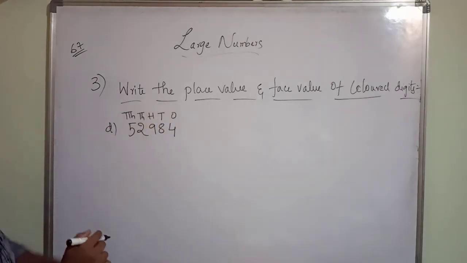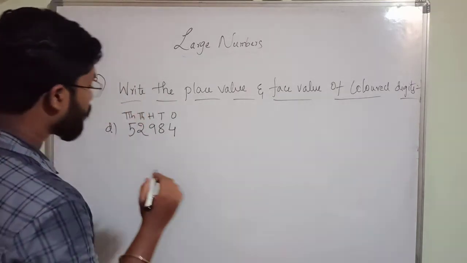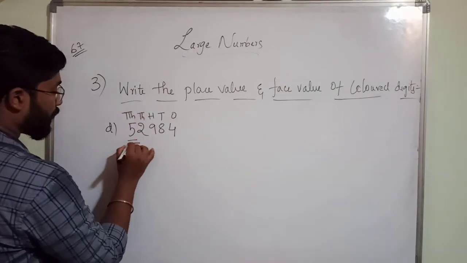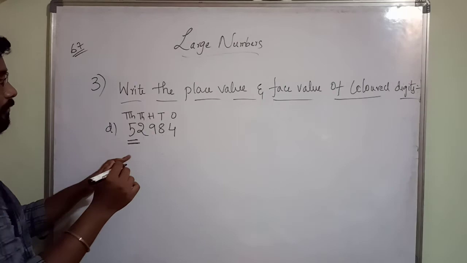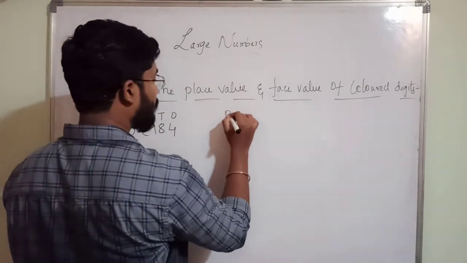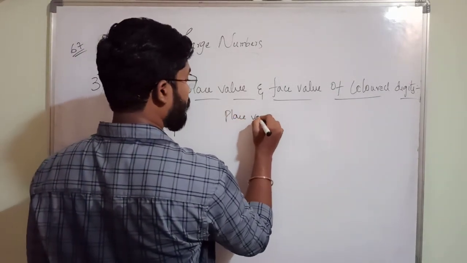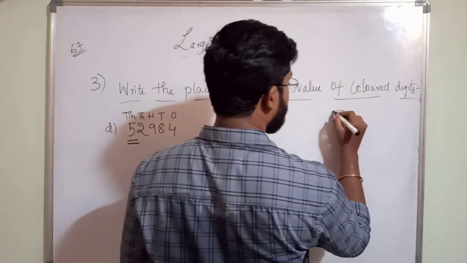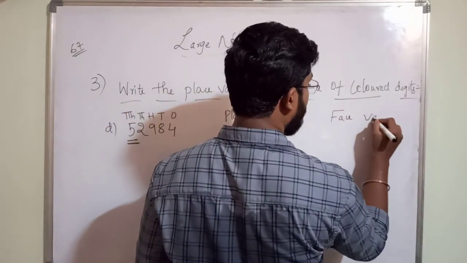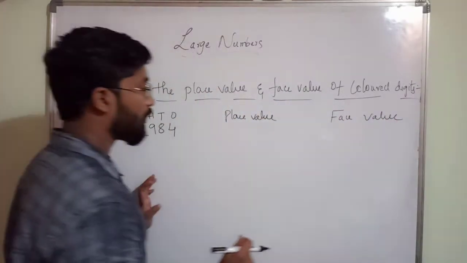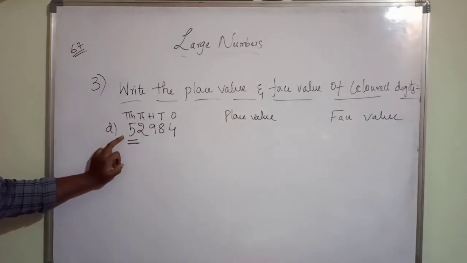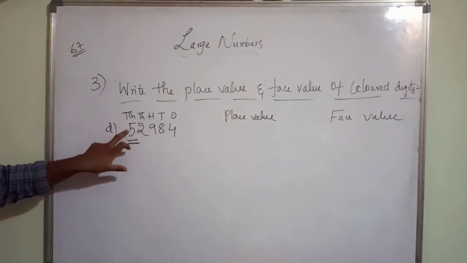These are the places. Now what you have to find for 5? 5 is in red color, so you have to find the place value and face value. Clear? Of which number? Colored number, red colored number, that is 5. Write 5.